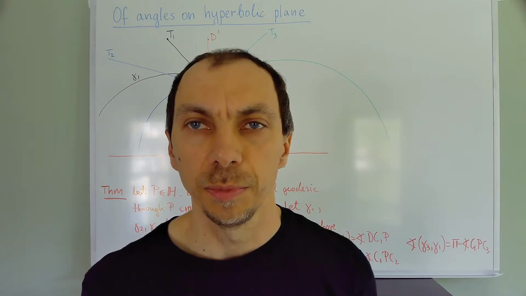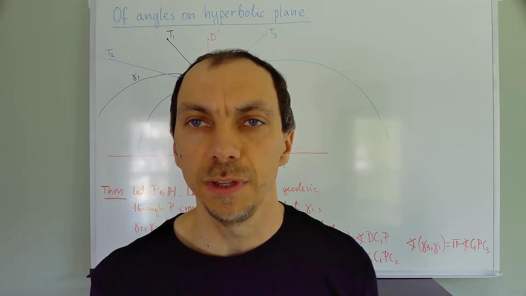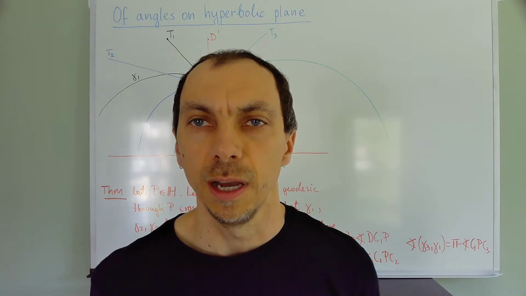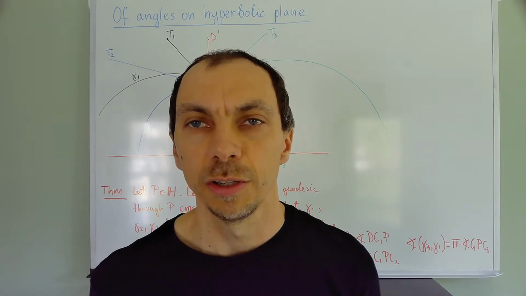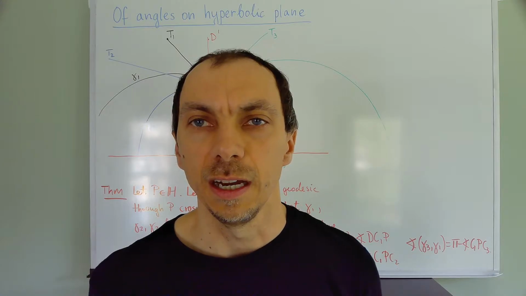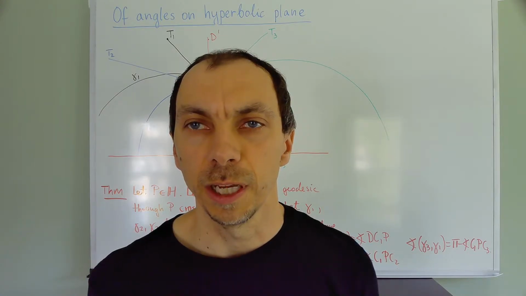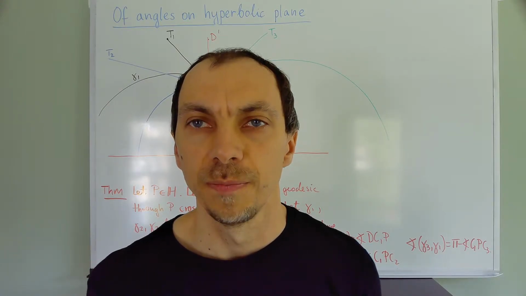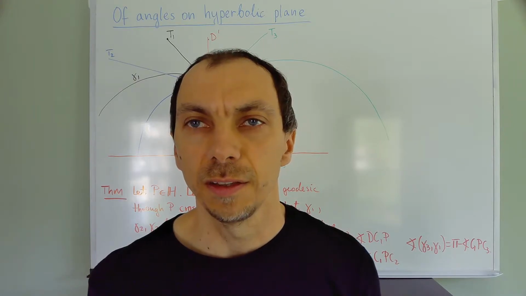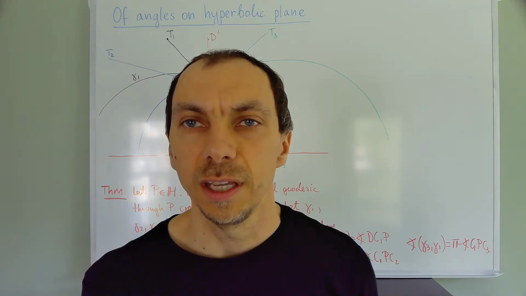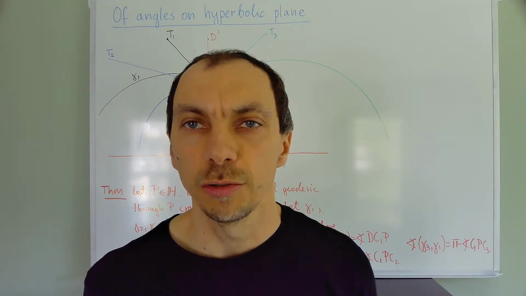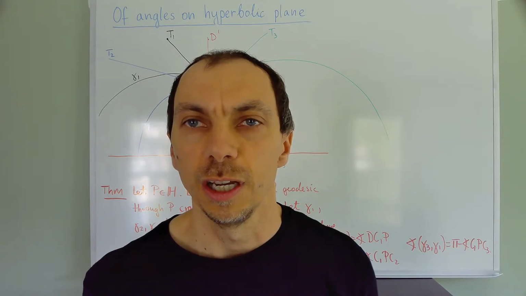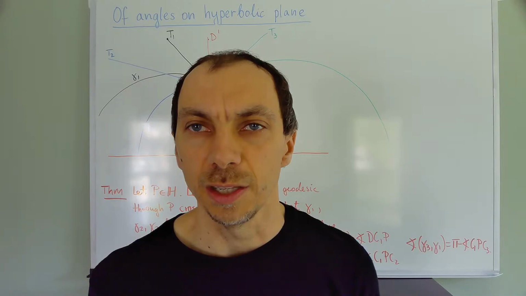However, this was possible because we were able to embed the sphere into a three-dimensional Euclidean vector space. So is it possible to embed the hyperbolic plane into some sort of a vector space? Well, before I say anything about that, let's just think about how one generally defines angles in an n-dimensional vector space.